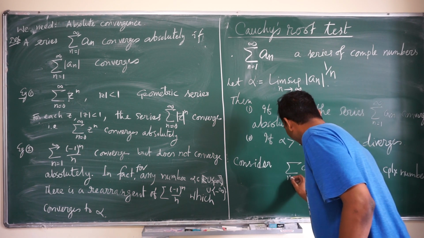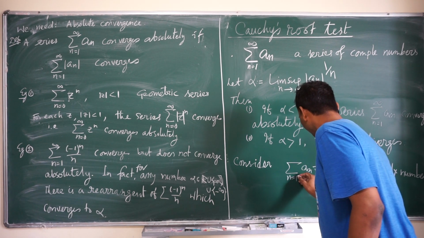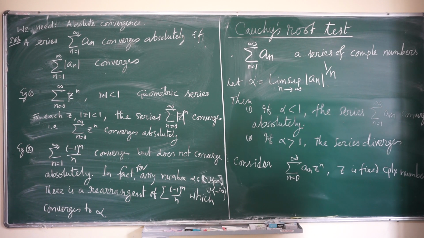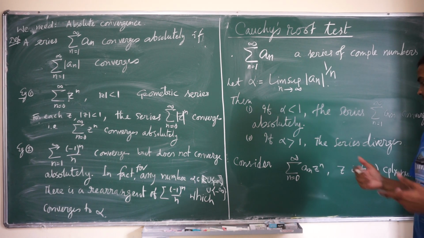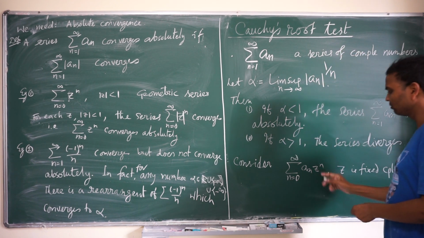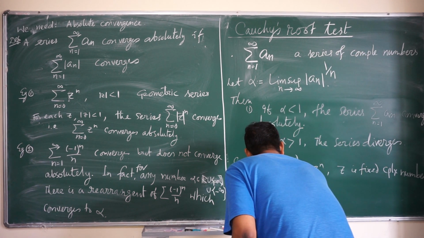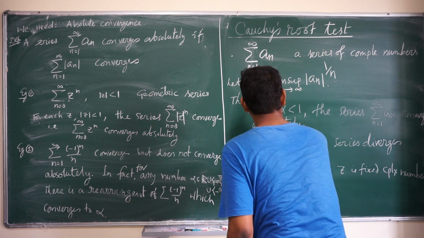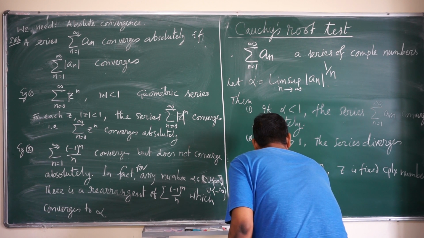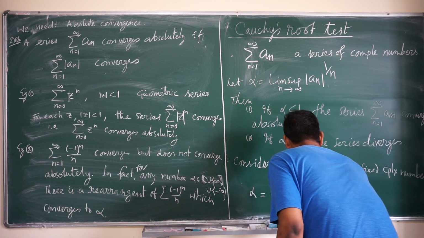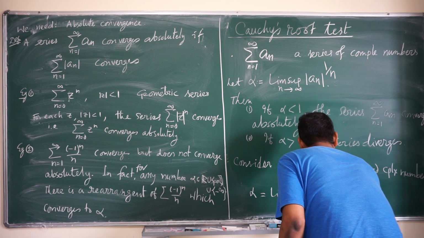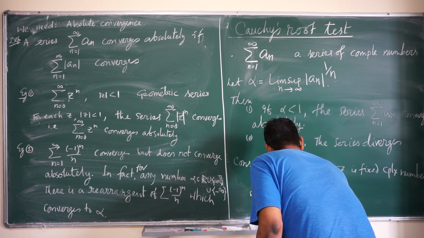You look at this series. You start from 0. It doesn't matter whether you start from 0 or 1. Now you apply this test. So in this case, alpha will be the lim sup of mod a n z to the power n, all to the power 1 over n, as n tends to infinity.